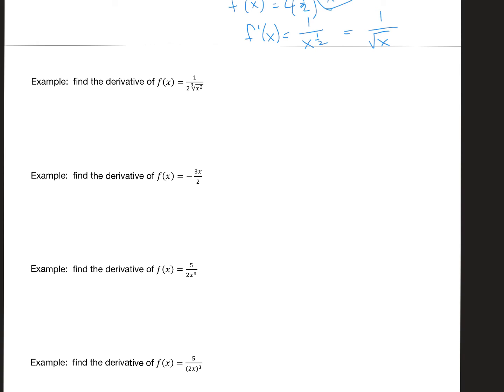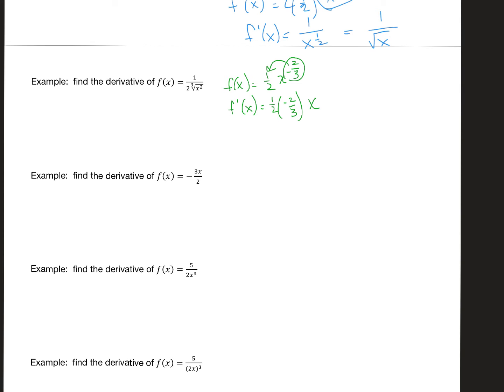Okay, so for this next one, I'm going to write this as f of x equals 1/2, which is a constant, times x to the negative 2/3. And then I'm just going to apply the rules that I've been using all along, which is take this exponent, multiply it by the number that's out in front, so 1/2 times negative 2/3.